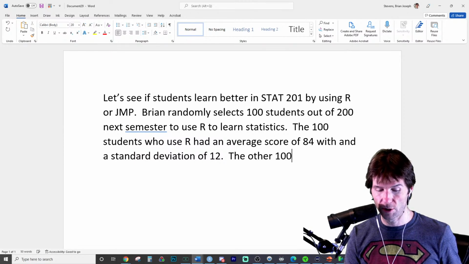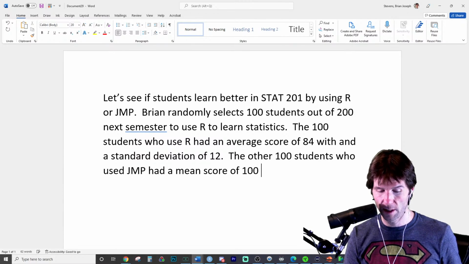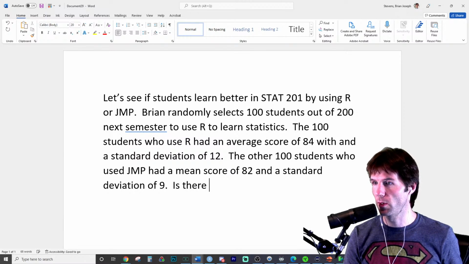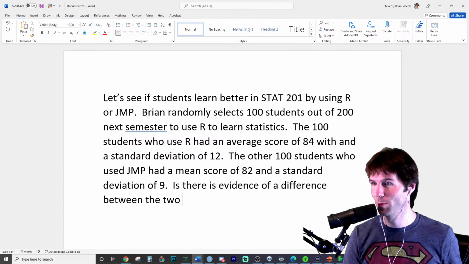The other 100 students who used JMP had a mean score of 82 and a standard deviation of 9. Is there evidence of a difference between the two?